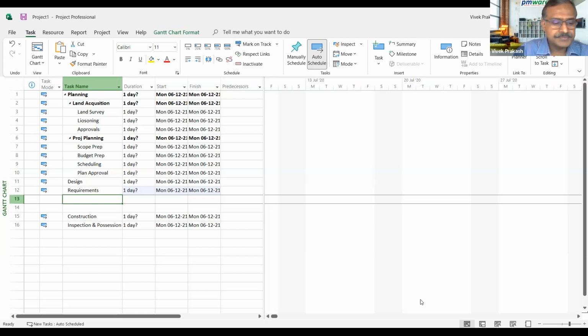Yes, appointment of consultants. See, the thing is that we are in training, so we have to keep the length of this project a little limited. Otherwise, a lot of time will go into writing this stuff. Just requirements. Try to create a base which is sufficient for us to work out features of the MS project, right? Okay, requirement is sufficient.